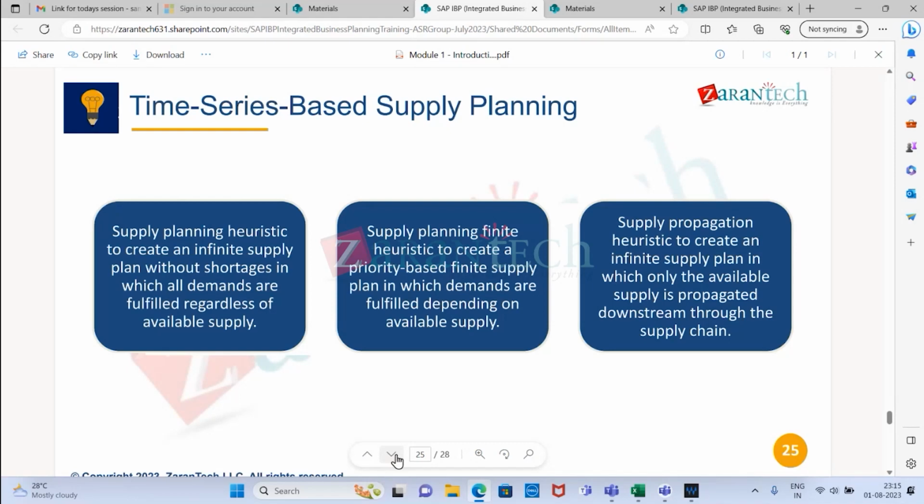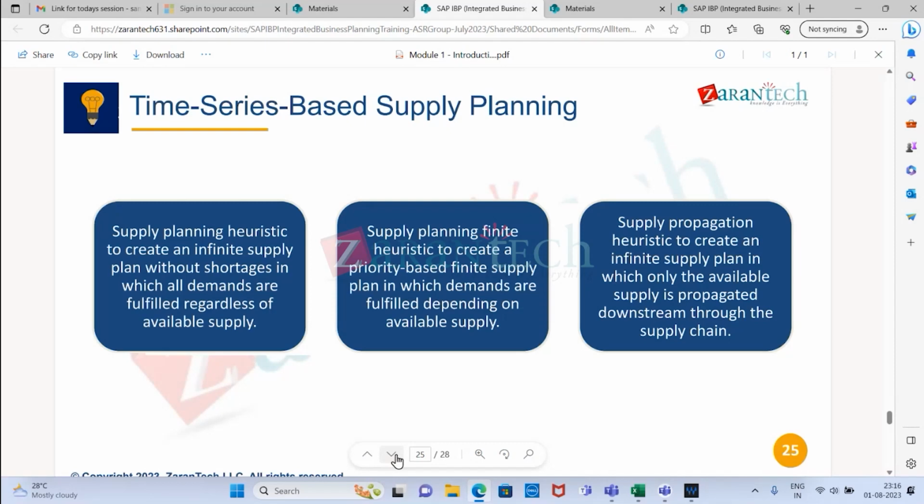In that case, if the organization strategy is on maximizing the profitability, then the system will consider whether fulfilling the demand for customer A or customer B will end up in maximizing the profit.